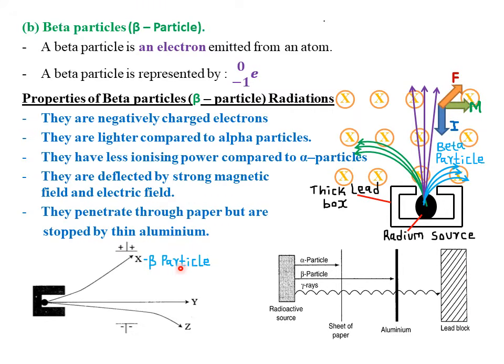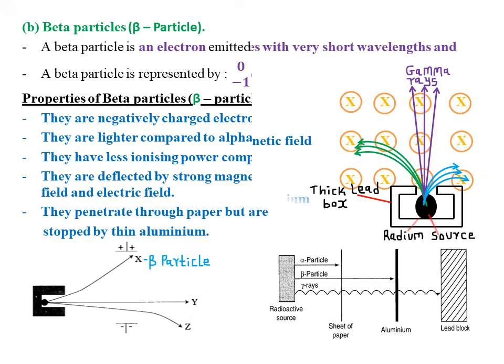So beta particles being simply electrons, they will be attracted to the positive terminal of an electric field. So you can see we have another particle which is going up to the lead box. Of course, that will be the gamma ray that we'll discuss in our next slide.